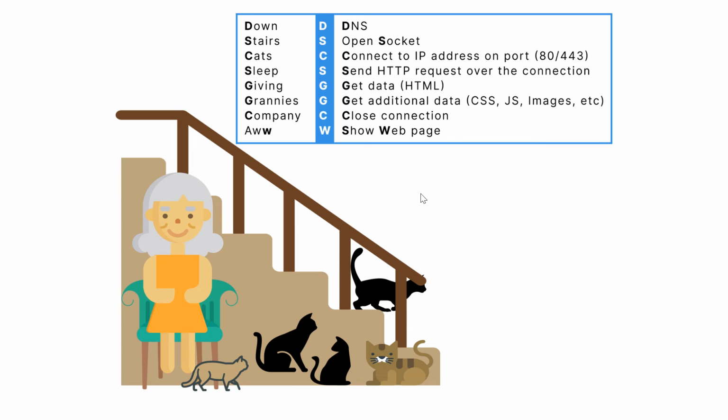So the socket is basically an endpoint. I'm still figuring out this terminology. But to my understanding, a socket is just an endpoint for sending and receiving data. So it opens a socket so that data can be sent and received. Then we go to the next step, which is to actually, through that socket, connect to the IP address on a specific port. So specific ports are associated with specific protocols.